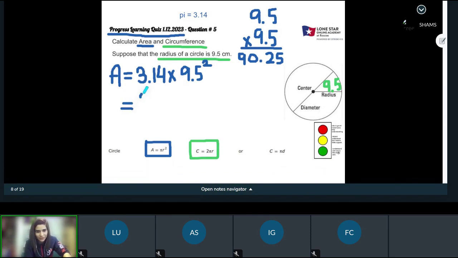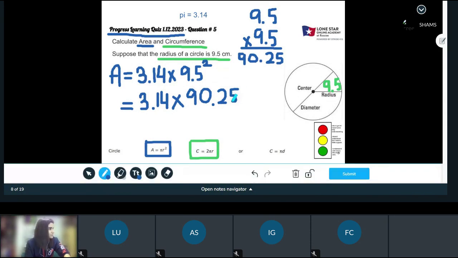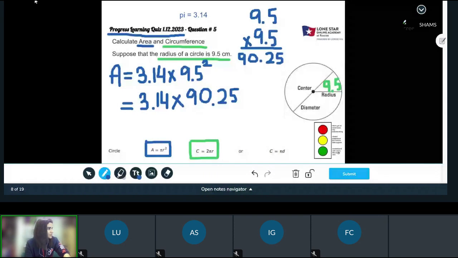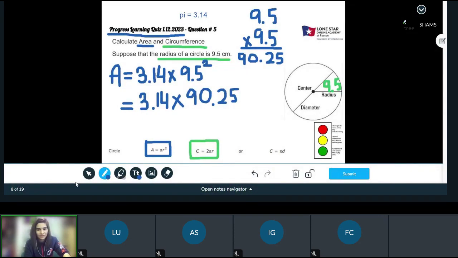So I'm going to do pi, 3.14, times 9.5 squared, which is 90.25, and get the answer. Once you multiply them, you get an answer that is, let me see, 283.38, something like that.